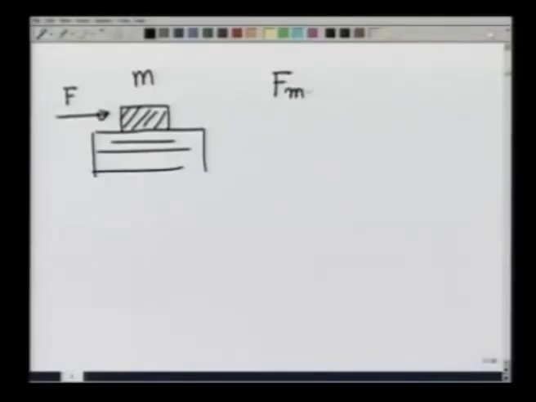It does not move because there is a frictional force opposing it. You keep increasing the force, the frictional force keeps on increasing, and it keeps the block in its position until you reach an F max. When you reach F max, the block starts moving.